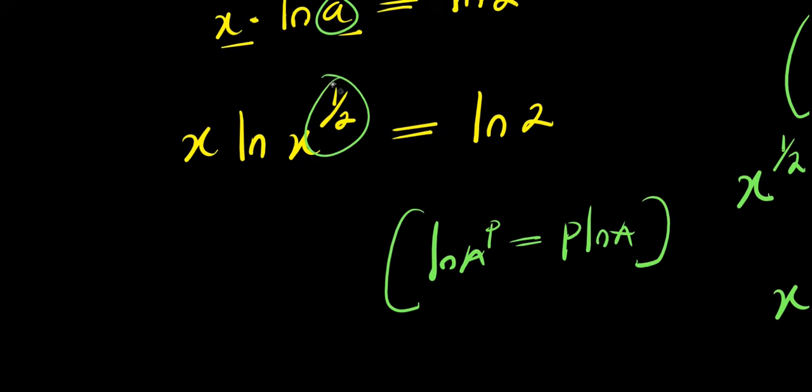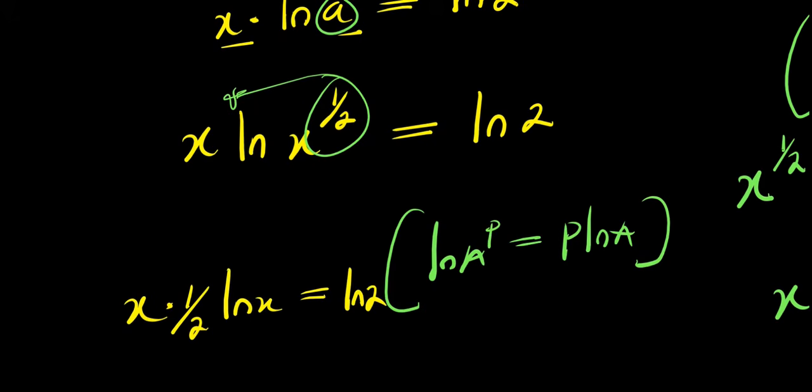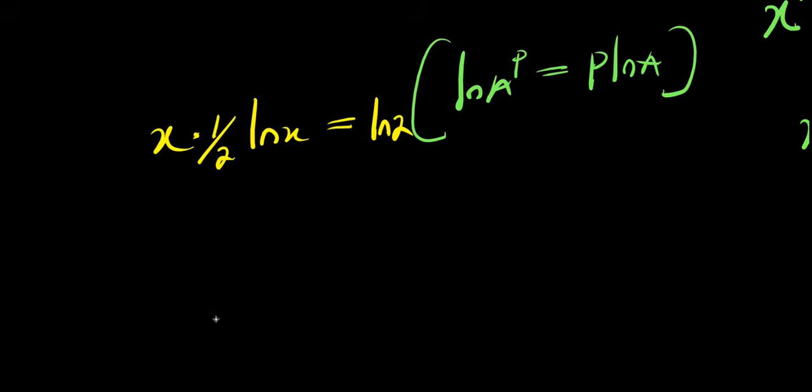That means 1 over a comes in front, so we have x times 1/a times ln x equals ln 2. X times 1 over a, this is x over a, times ln x equals ln 2.